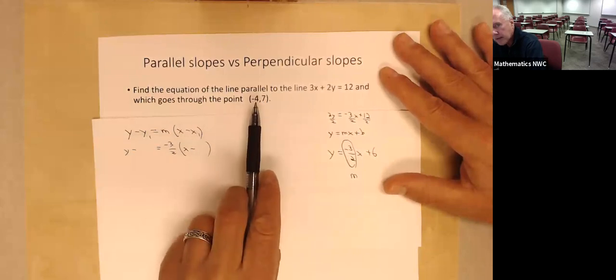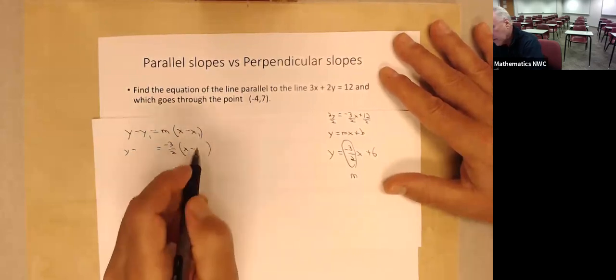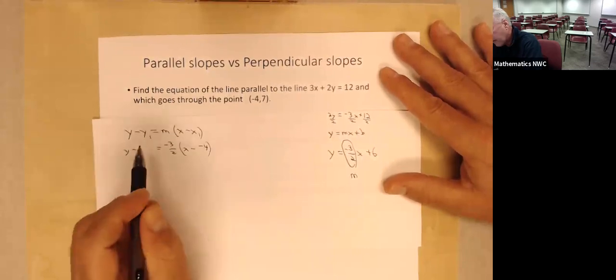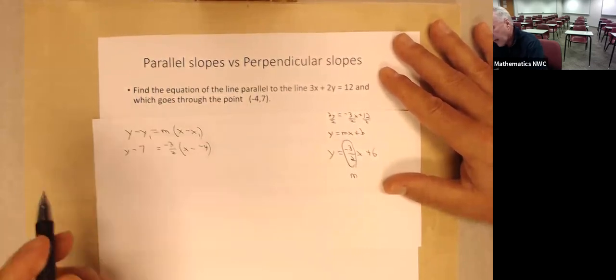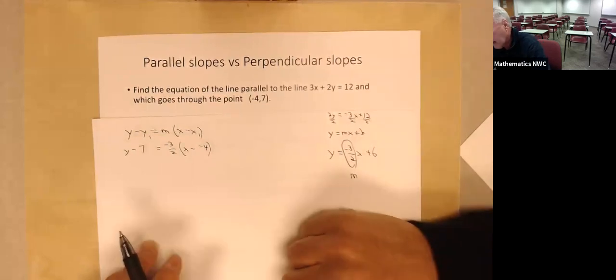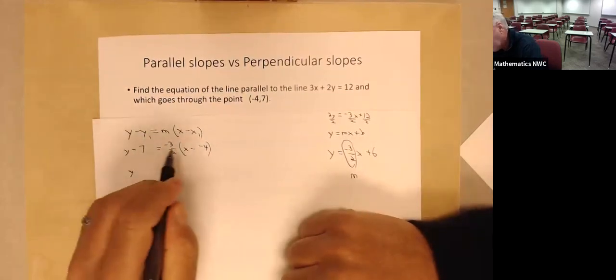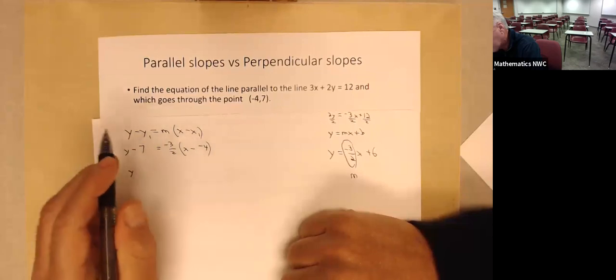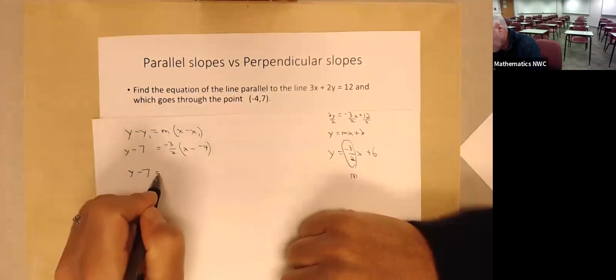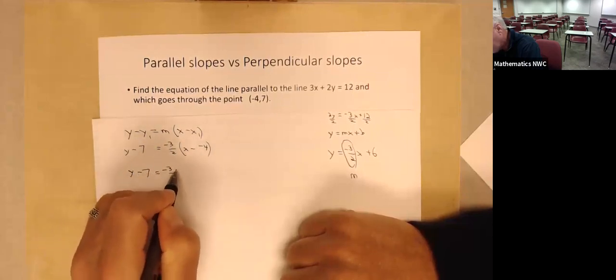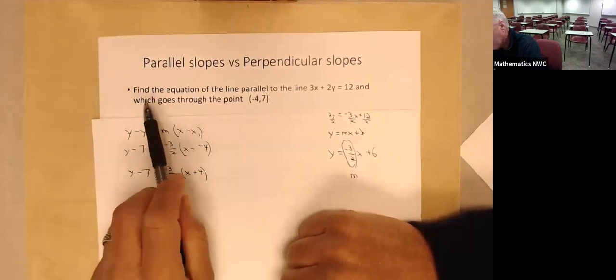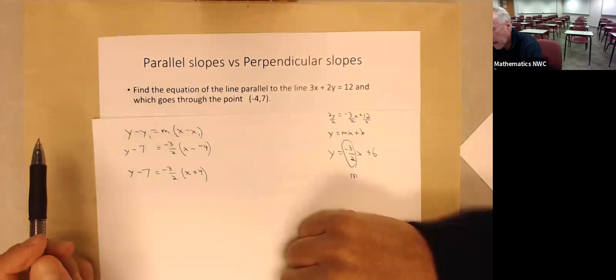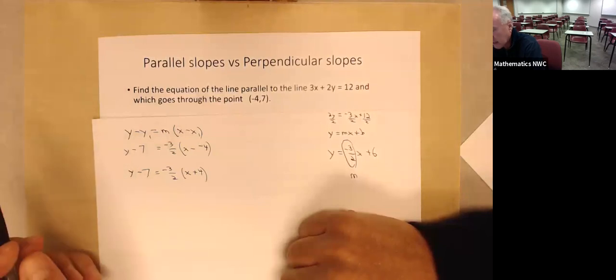So the x is a negative 4, so that has to be put in here. The y1 is a 7, so that has to be put in there. They would probably expect me to cancel that double negative, but I could leave my answer right in this form now. It didn't tell me which form I needed to put it in, and I could leave it just like that.